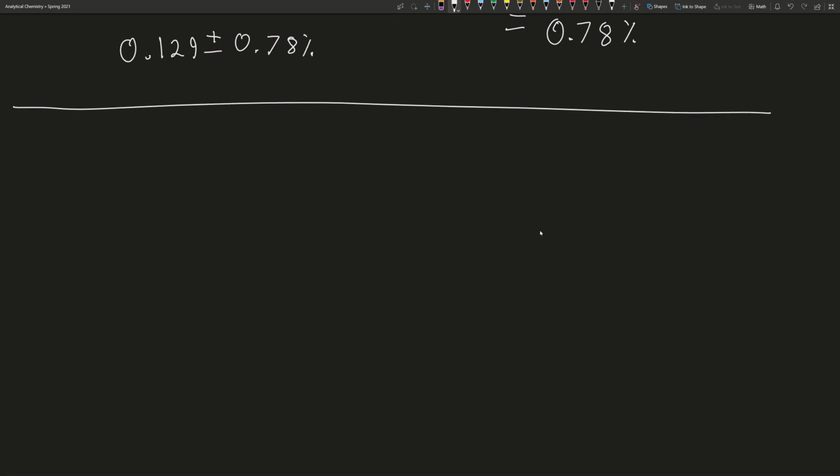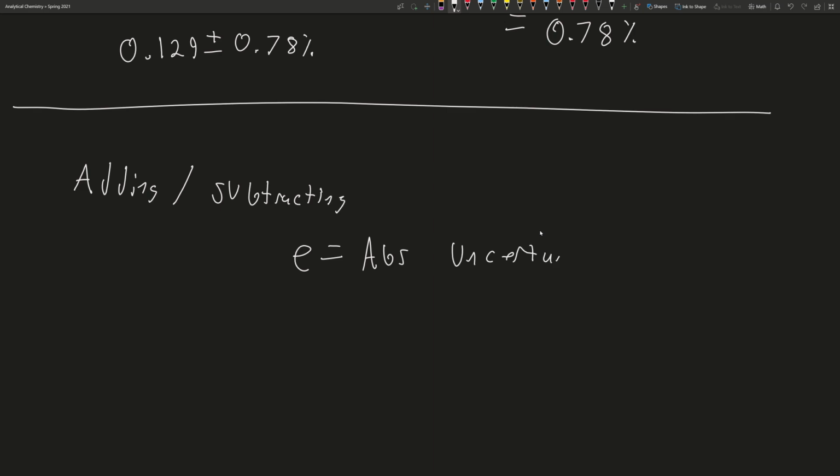We are adding and subtracting. Let's say that E equals absolute uncertainty. Let's say that %E equals percent relative uncertainty.